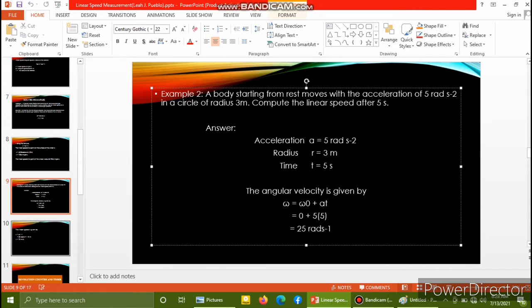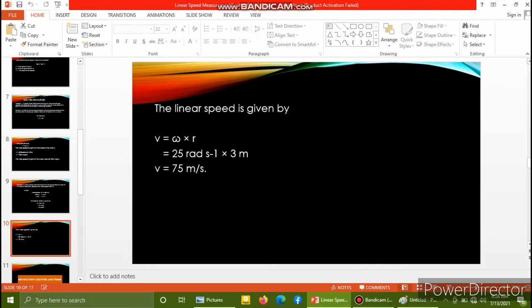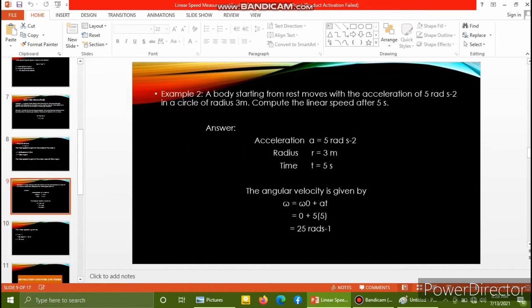So next, we'll proceed to the next steps. To get the linear speed, it is given by velocity equals the angular velocity times r. We already have the angular velocity, which is 25 rad/s, times the radius, which is 3 meters.